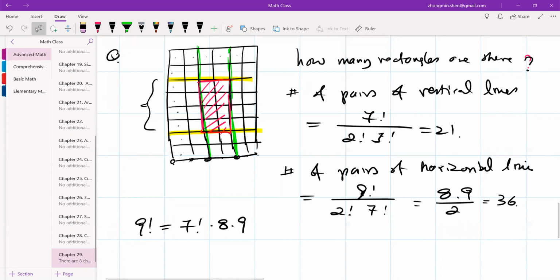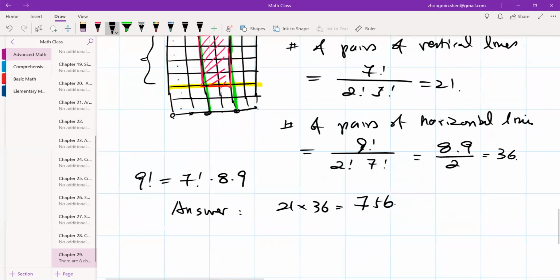The 2 steps are independent, so the total number of ways to select the rectangle is 21 times 36, which is 756.